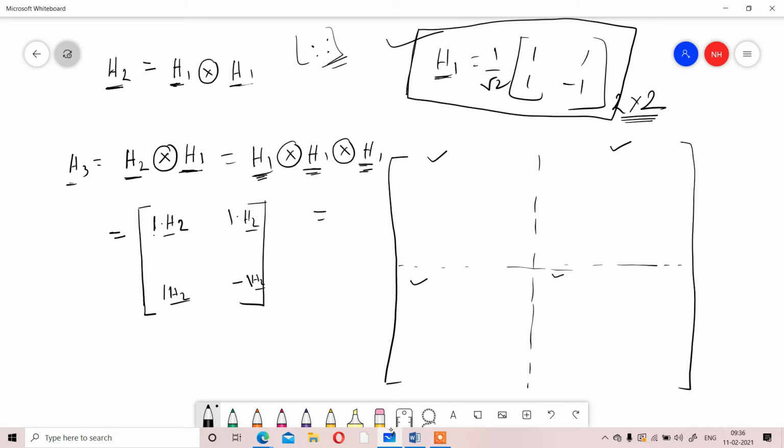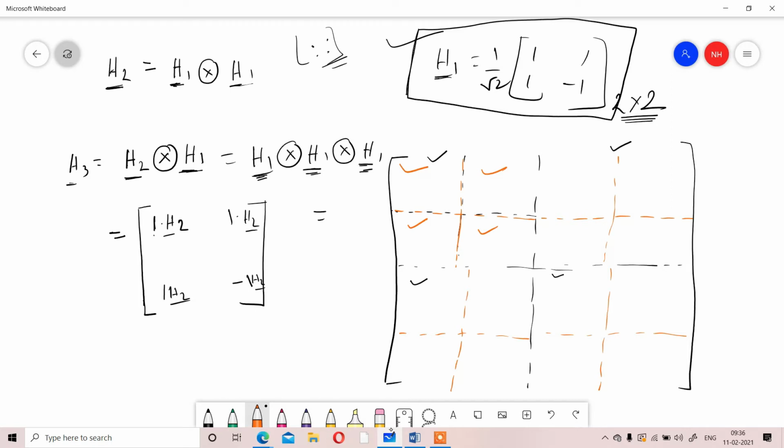Again, if we consider each and every box of H1, then what it is defining? What should be the value of that box? Can you tell me? H1 H1. H1 minus H1.